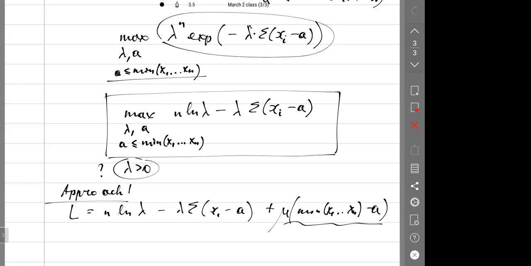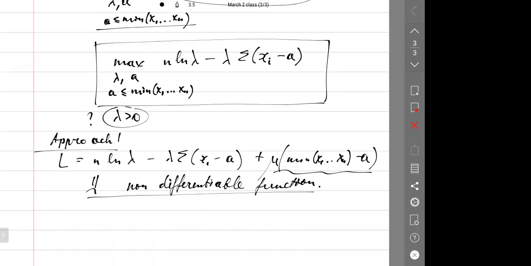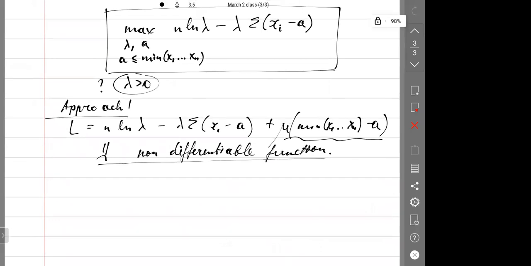Our inequality is not differentiable, so the approach cannot be applied to a non-differentiable function. So the Lagrange multiplier approach fails here, and we just need to switch on our general reasoning and logic.